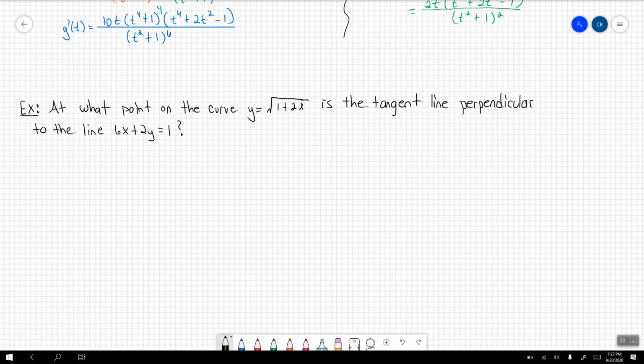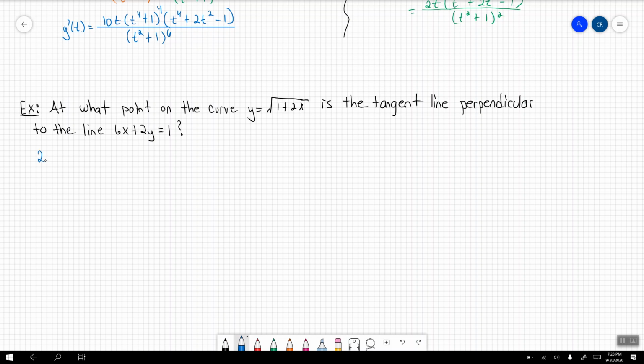Well, we know a few things about slopes. When we arrive at two perpendicular lines, we know that their slopes must be negative reciprocals of one another. So I want to identify the slope of the line that was given to us.